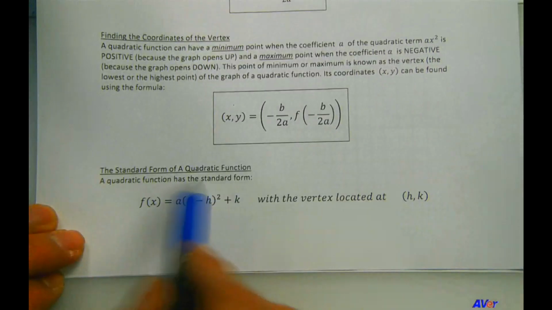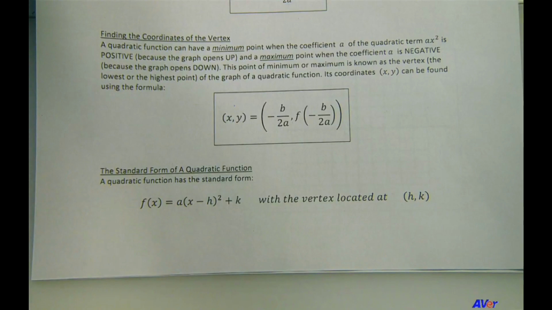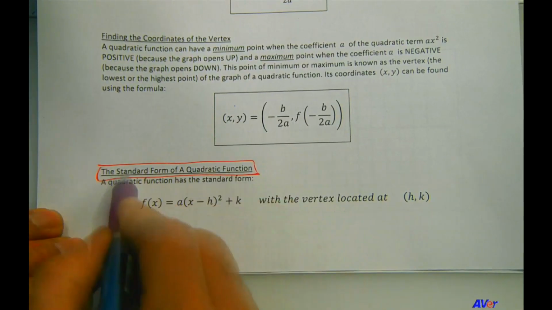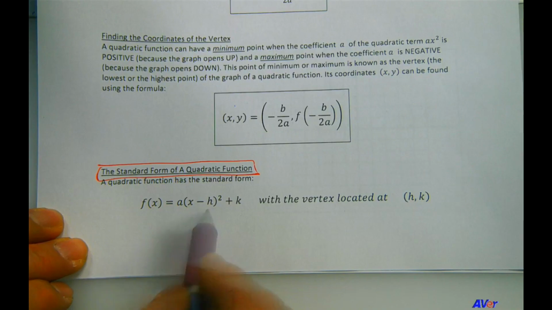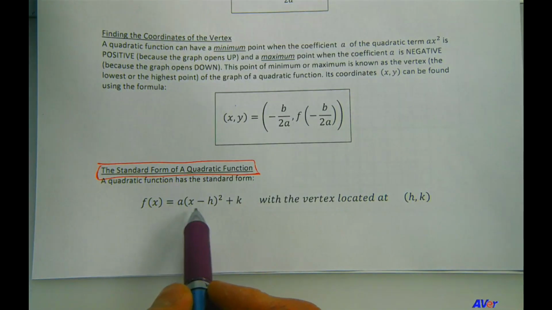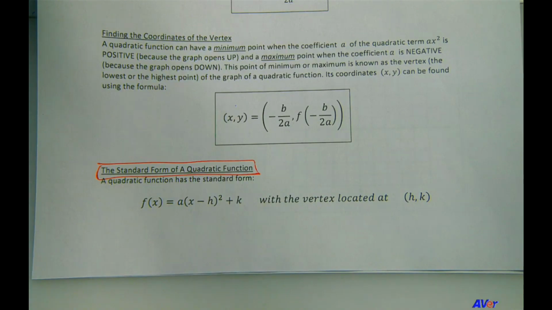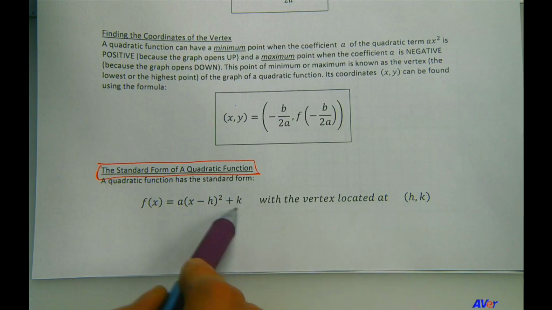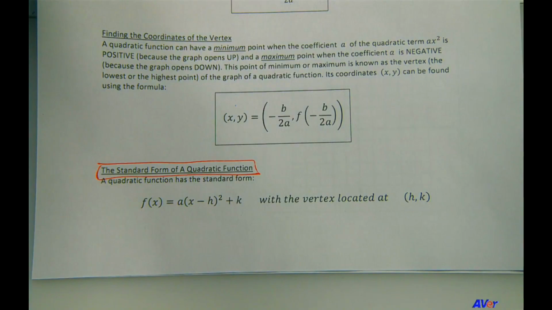So the standard form of a quadratic function has this look. It's written this way. And it's very, very useful, because if you show me a quadratic function written in this form, you already know where the vertex is, right? Because the vertex is located at (h, k). And remember when we were talking about the transformation of functions? Remember those general functions that we had for the square root function, absolute value function, the quadratic function?